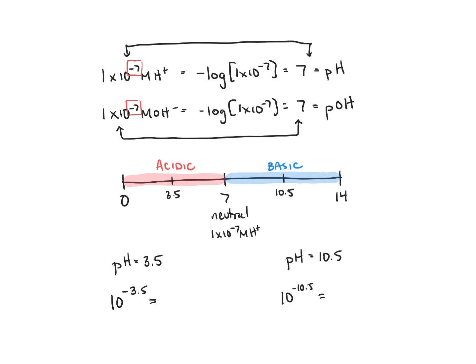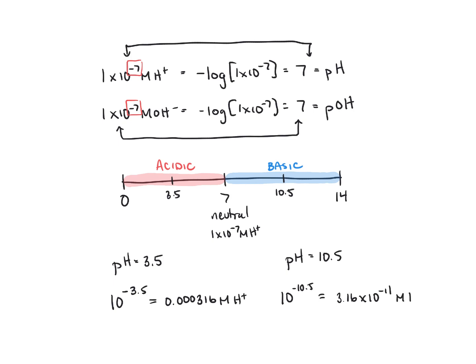And we get 0.123316. And if I take 10 to the negative 10.5, we get 3.16 times 10 to the negative 11th. That would be the molar H plus.